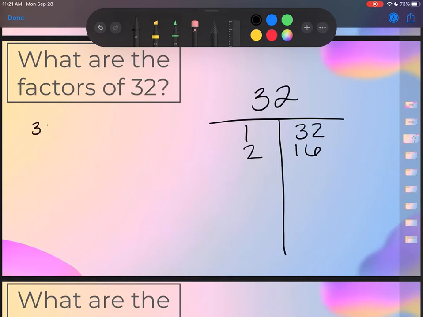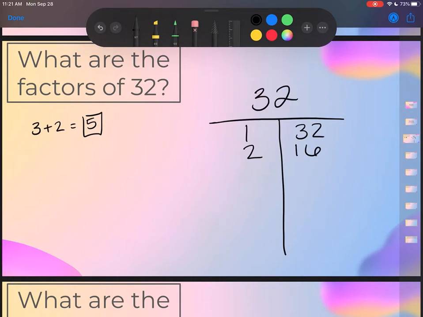My rule for 3 is that if I add my digits, in this case 3 and 2, and whatever their sum is, in this case it's 5, if that is a multiple of 3, then 32 is divisible by 3, right? Well, 5 is not a multiple of 3. If I count my multiples of 3, 3, 6, 9, right? 5 isn't on there. So that means 3 times something is not 32. So 3 is not on there.